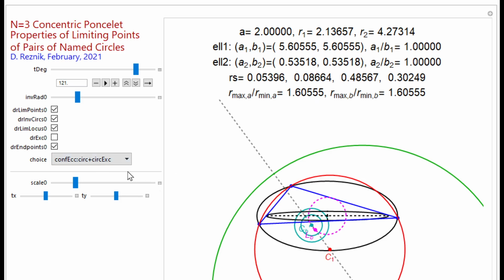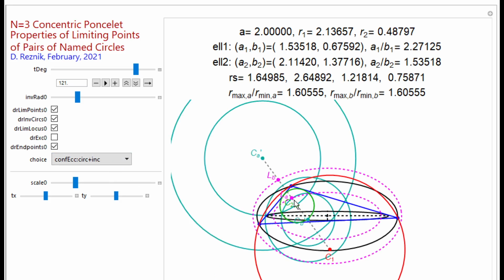So if I'm on this family, I'm getting this LB over here. If I go to the family we just were looking at, I'm getting different limiting points, but yet post inversion, the ratio of outer to inner circle in these two concentric pairs is the same. So it seems like this ratio for the pair circumcircle and Bevan and the pair incircle and circumcircle is the same.